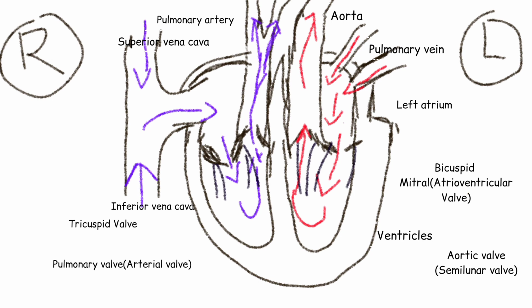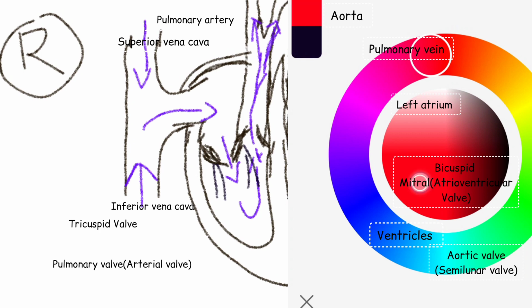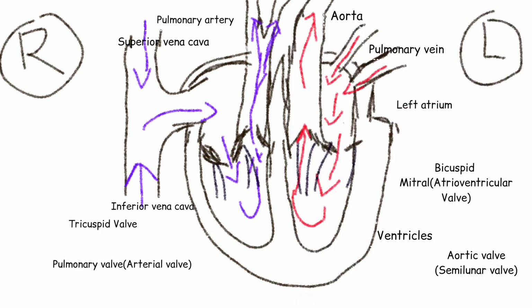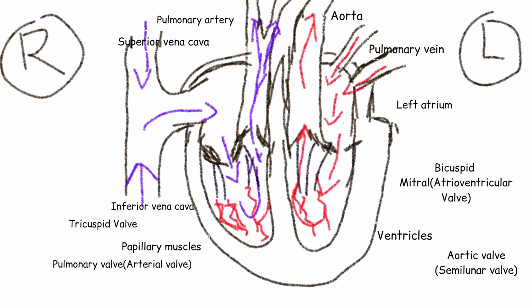To stop the valves going too far back, the tendinous cords are rooted into the wall of the heart by specialized muscles, so that the valves can't overexpand, and these muscles that connect the tendinous cords to the wall of the heart are papillary muscles.